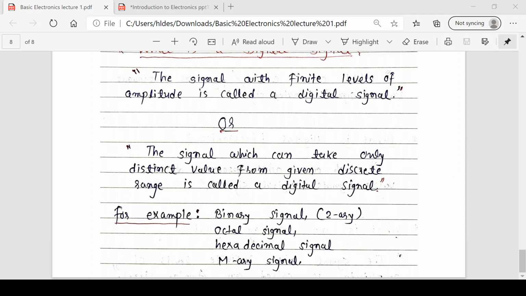So let's conclude today's lecture. In today's session, we discussed what is electronics, its history, how it is related with electrical, how it is different from electrical, what was the origin, what is the current status of electronics, which are the types of electronics, analog and digital, and what is the difference in processing.